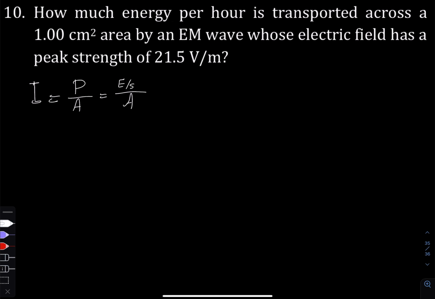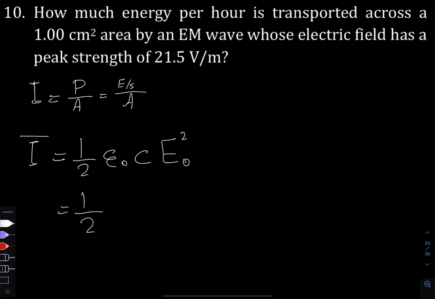So how do we find intensity? They give us the peak strength of the electric field. That will be enough, right? So the average intensity is equal to 1 over 2 E naught, and then speed of light, maximum value of the electric field squared. Now E naught is going to be 8.85 times 10 to the negative 12. Speed of light will be 3 times 10 to the 8th meters per second.